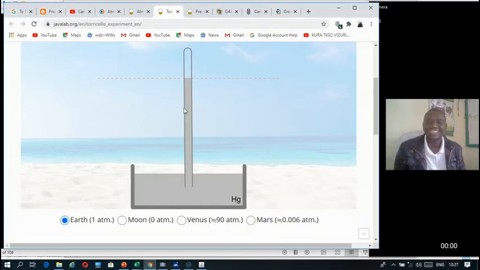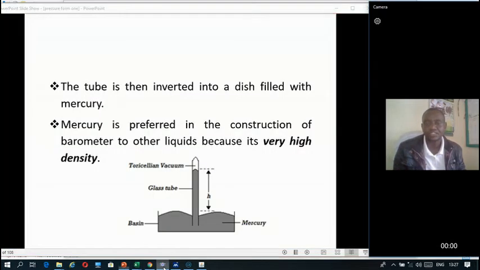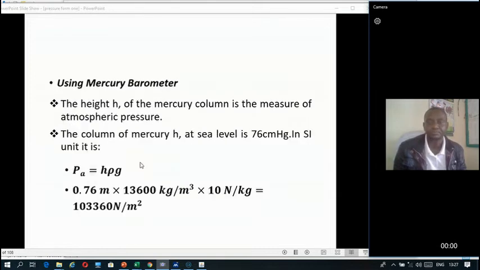It tells you that this is the maximum level that can be supported. Past this level, it cannot be supported. So that is the pressure of that place. This gap here we call a Torricellian vacuum. Sometimes they draw a diagram in a question, then ask you to label or mention the part here. What is the name?